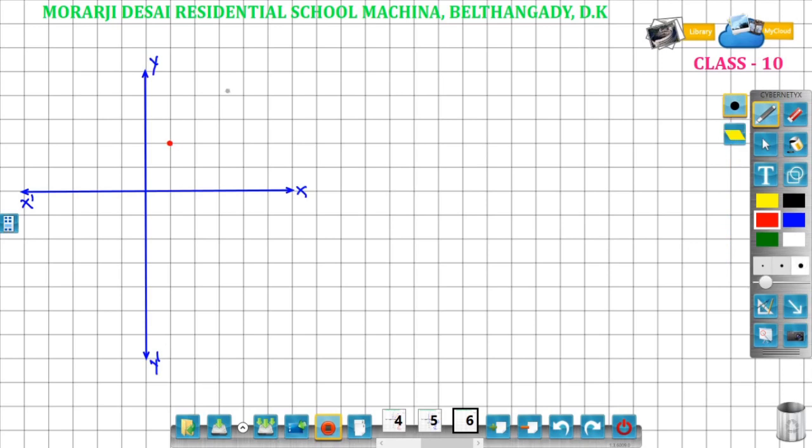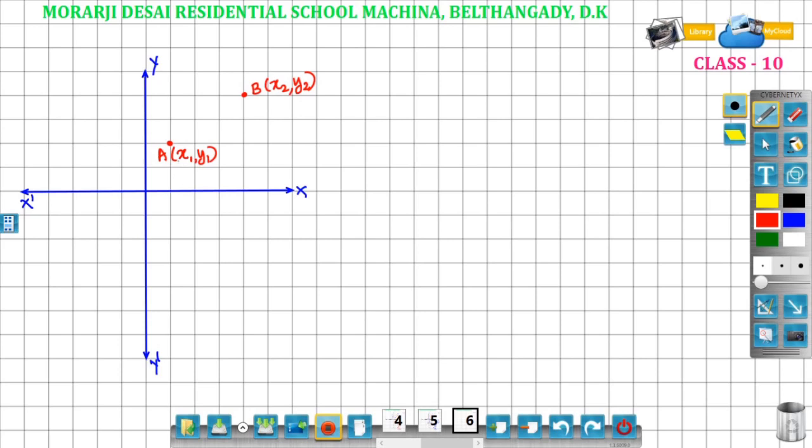Name them A and B. Let us write the coordinates of point A as x1, y1 and the coordinates of point B as x2, y2.